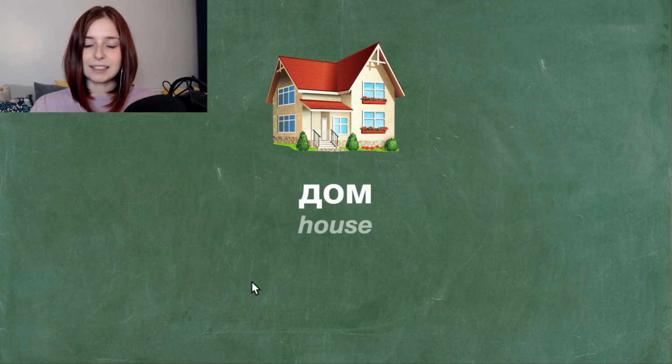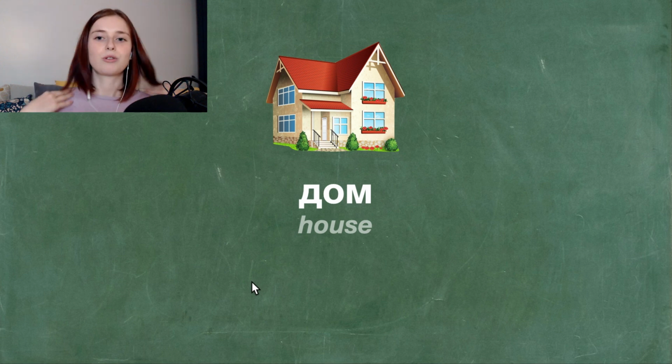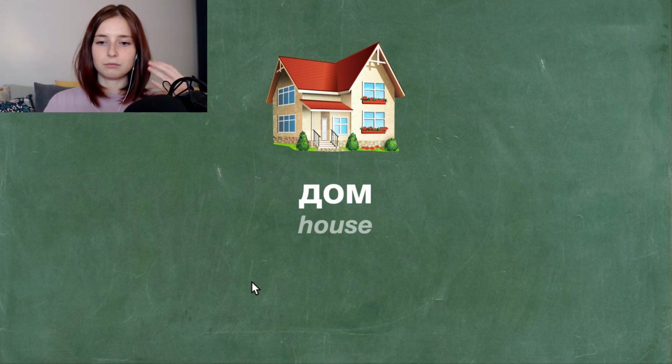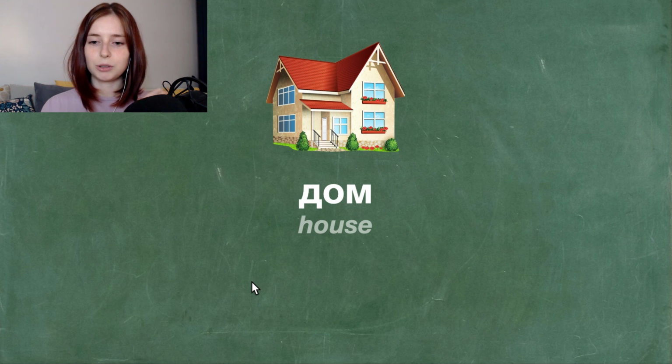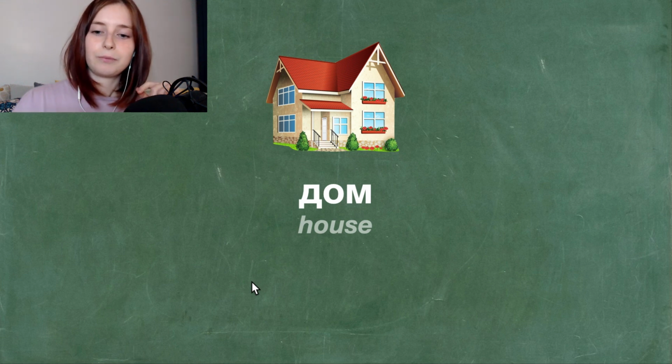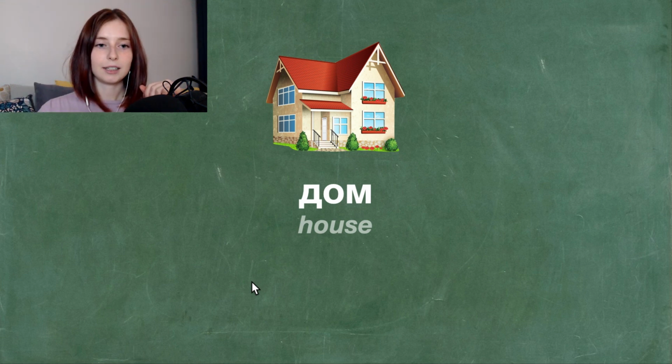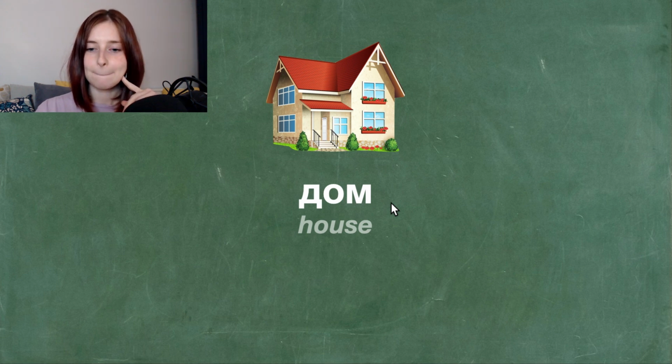And yes, let's try to read some words already, so you can get used to these letters. Our first word is, well, you try to read it and then I'm going to read it and you will see if you are right. So this is dom, which is house, right?